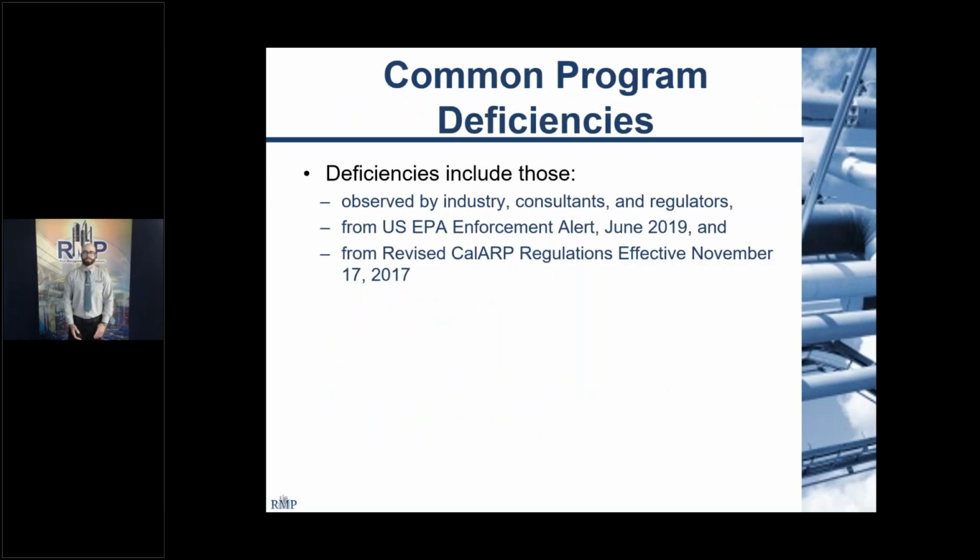So for the remainder of this presentation, the common deficiencies will be covered as observed by industry, consultants, and regulators, and will include the EPA enforcement alert, June 2019, and the revised CalARP regulation effective November 17, 2017.